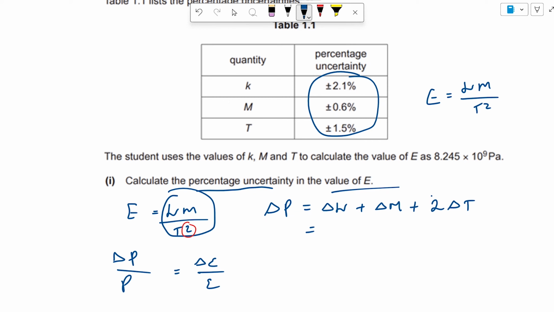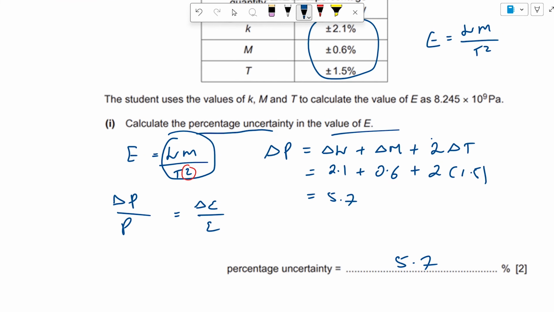Okay, that would be 2.1 plus 0.6 plus 2.15, and that would give us 5.7.